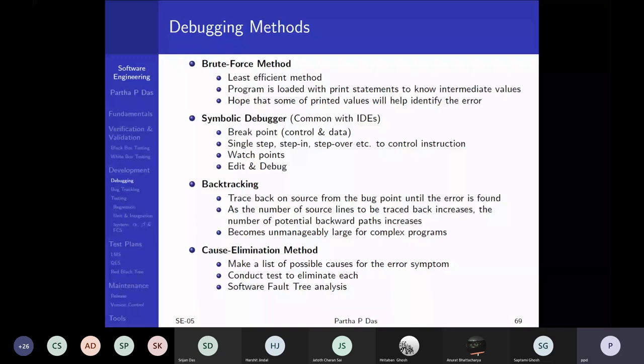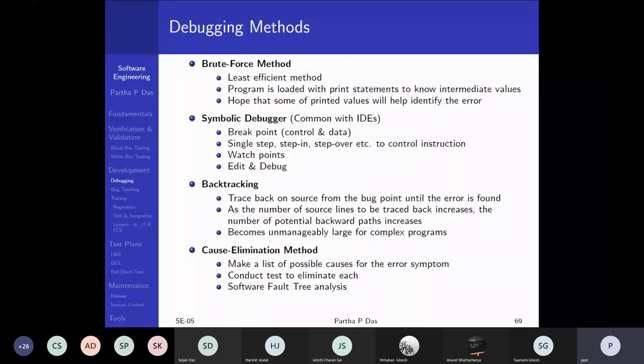So what we often do while debugging in the brute force method: how do I white box? I need to know the value of a variable at a certain point. I think I have given correct input, but it is not printing a correct output, right? So there are 5 statements.